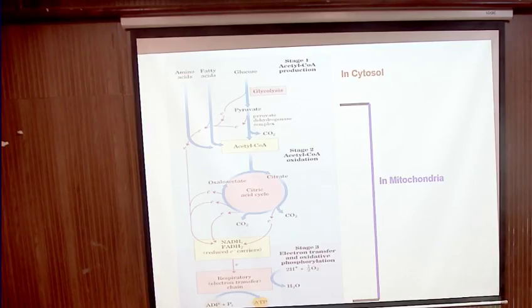And then a few factors associated there. So we were dealing with actually the breakdown of glucose. We have broken it down first to pyruvate, and then the conversion by the dehydrogenase complex to acetyl-CoA, which can be considered the stage 1 of the entire process.